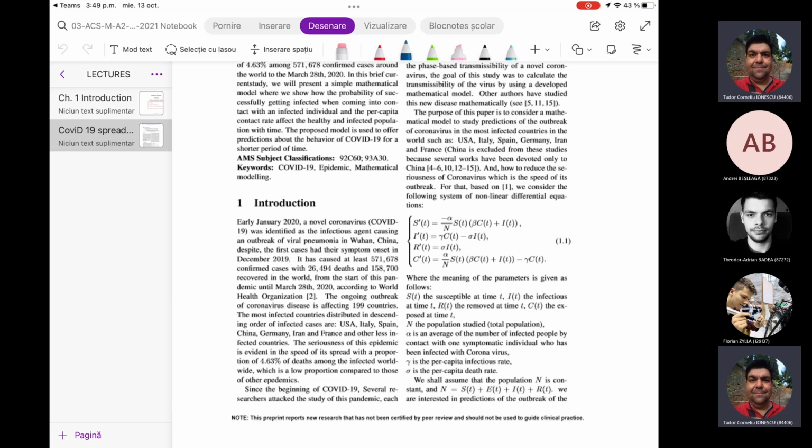Okay, what is alpha? So we have some coefficients: alpha, gamma, sigma, and beta. Alpha is the average number of people infected by contact with one symptomatic individual who has been infected. So the contact with an infected is alpha. Gamma is the infection rate, the incidence.